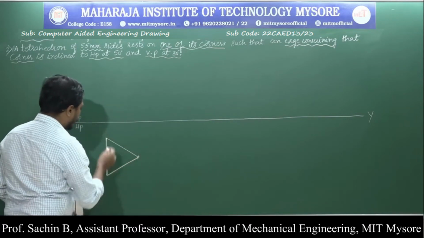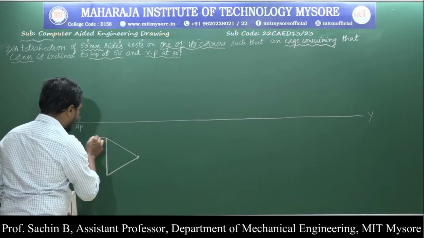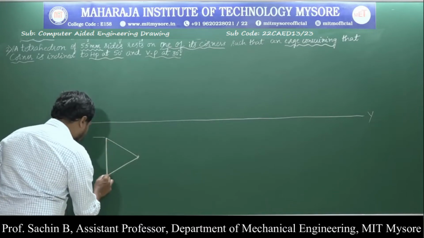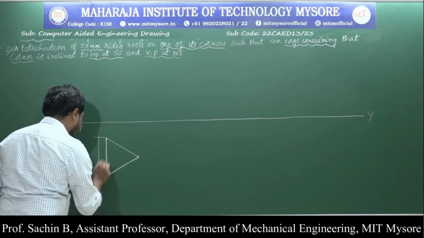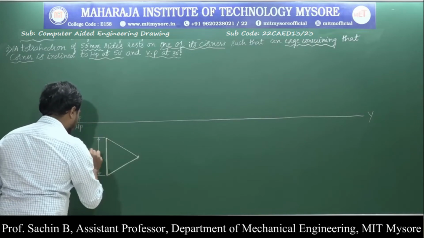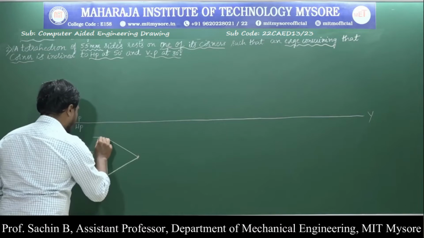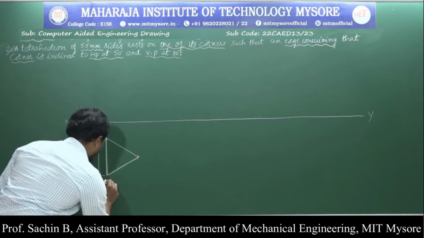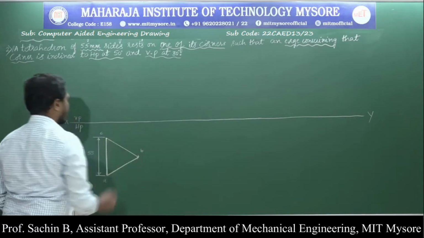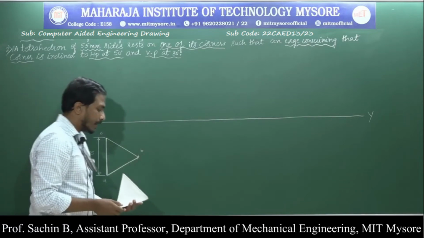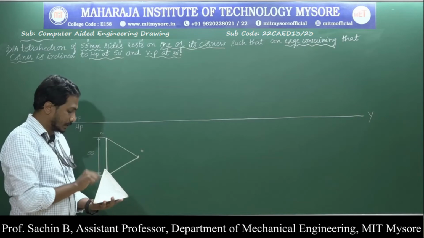Now, after constructing the tetrahedron of edge length 55 mm, I will name the corners. I will call these corners A, B and C. Now for the tetrahedron, we have the slant edges.